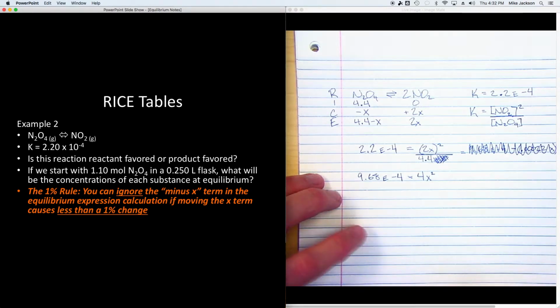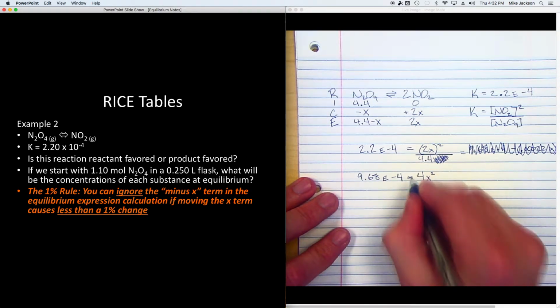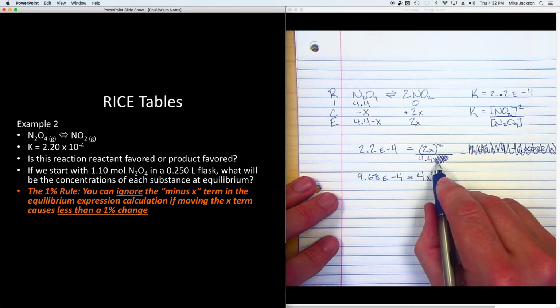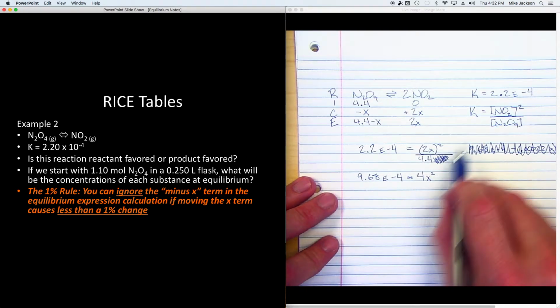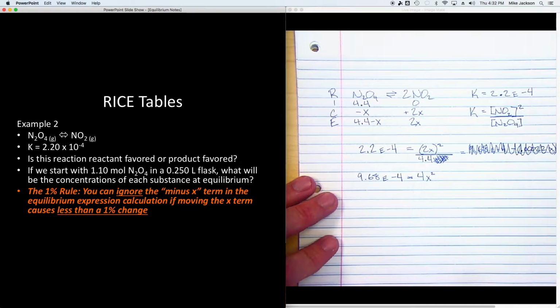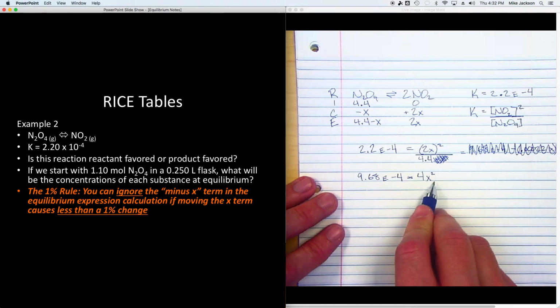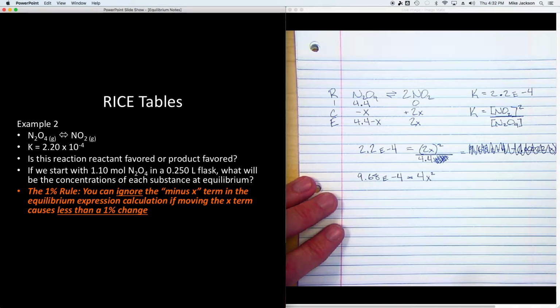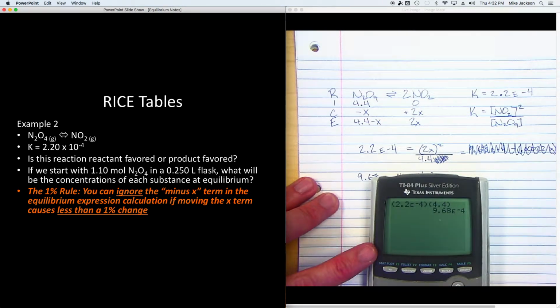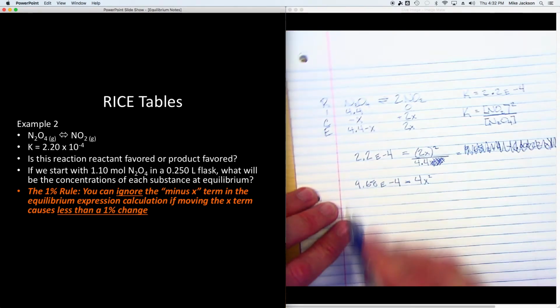So our equation got a lot simpler by ignoring this minus x term, and we can do that again if the k value is a small number. So to get rid of this 4x squared, I'm going to first divide by 4. So 9.68 times 10 to the minus 4 divided by 4 gets me 2.42 times 10 to the minus 4.